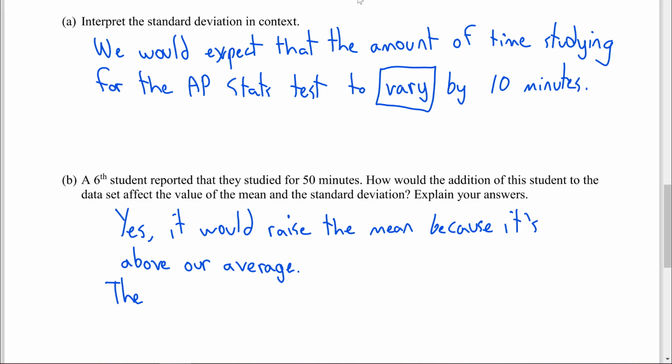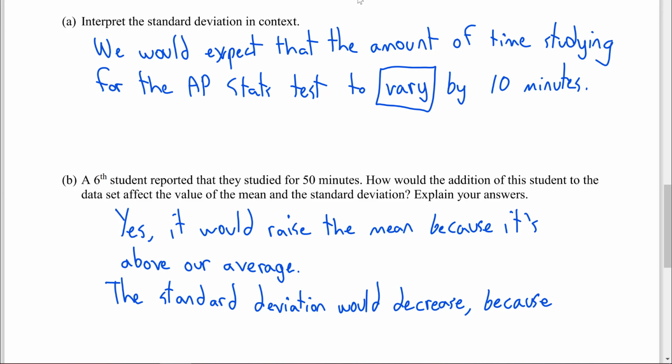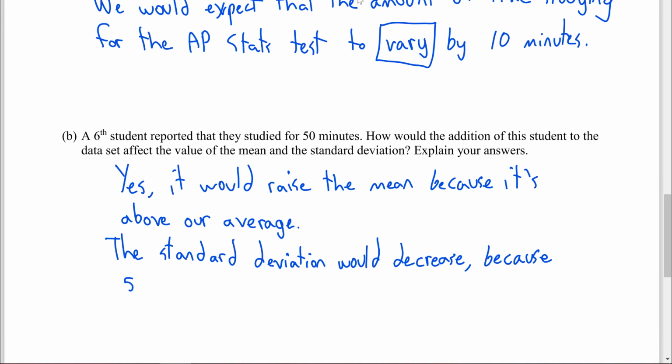We're going to have more values closer to the mean. So you might say the standard deviation would decrease because 50 is closer to the mean than our standard deviation. Because it's only 5 units away from the mean and our standard deviation is 10.